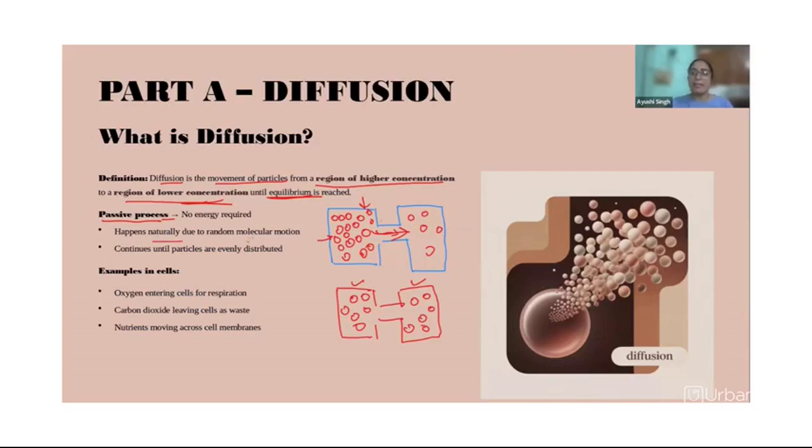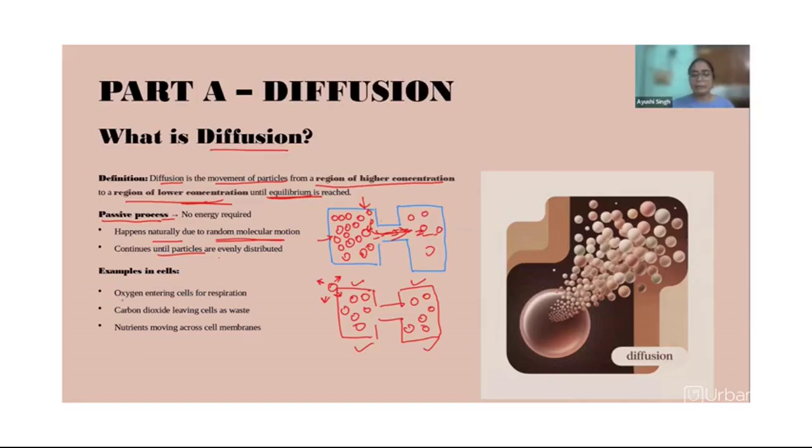Okay, it happens naturally due to random molecular motion. Also, molecules tend to move in different directions, right? So because of that also, they will gradually push each other and gradually they will move to here. Okay, it continues until particles are evenly distributed. Like I told you again, once even distribution or equilibrium has been achieved, diffusion stops.